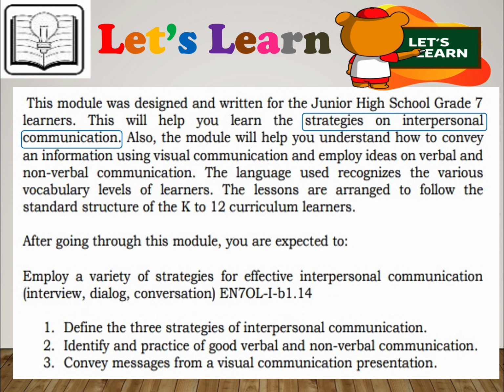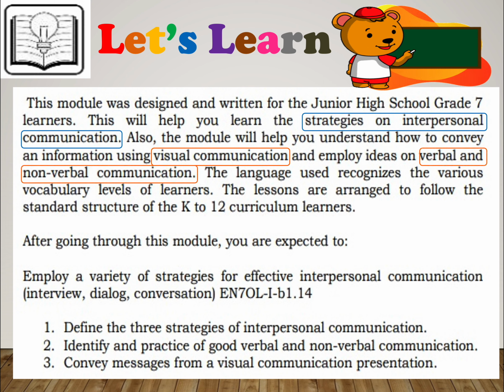Therefore, this module will also help you understand how to convey information using visual communication and employ ideas on verbal and non-verbal communication.